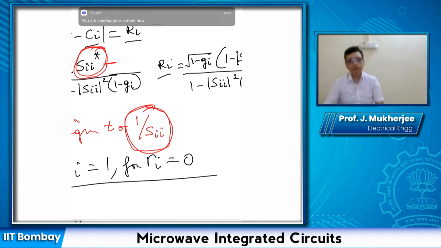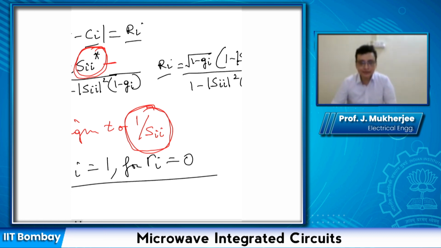Now, how valid is this unilateral approximation that we have made? This entire design procedure that I showed is for the unilateral case, isn't it? And for the unilateral case, what it means is that we consider S12 to be 0.